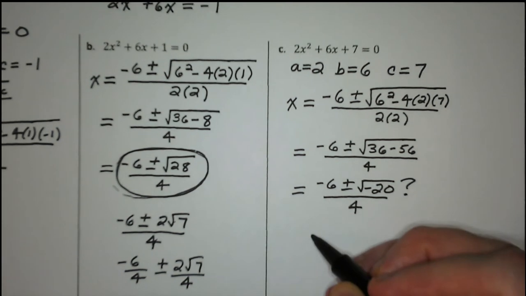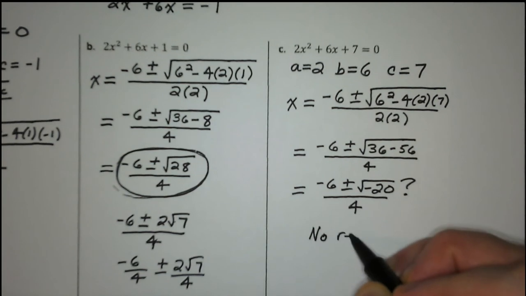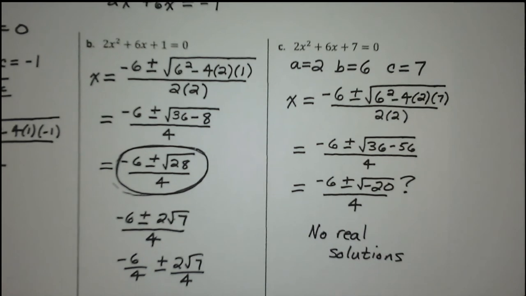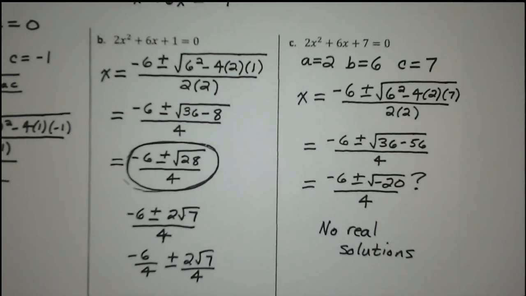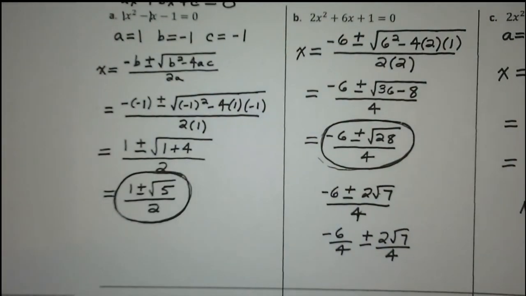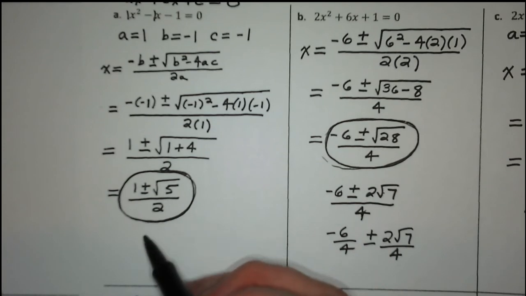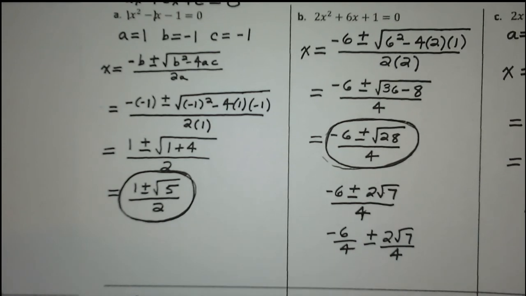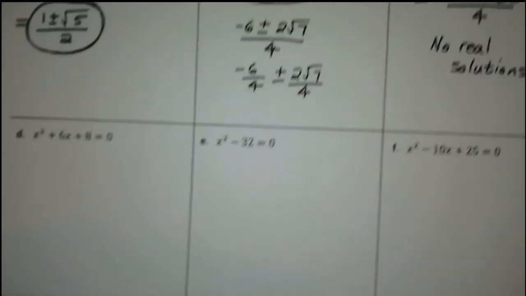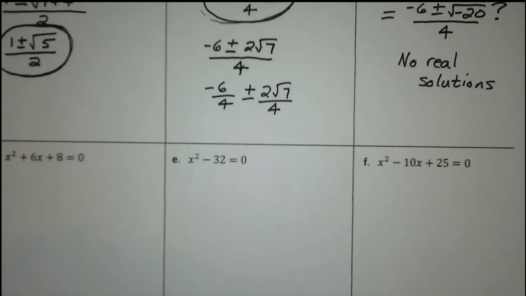This means that there are no real solutions. If you are faced with taking the square root of a negative number, you say that there are no real solutions. Now, in these first couple examples, there were 2 real solutions. But this had no real solutions.